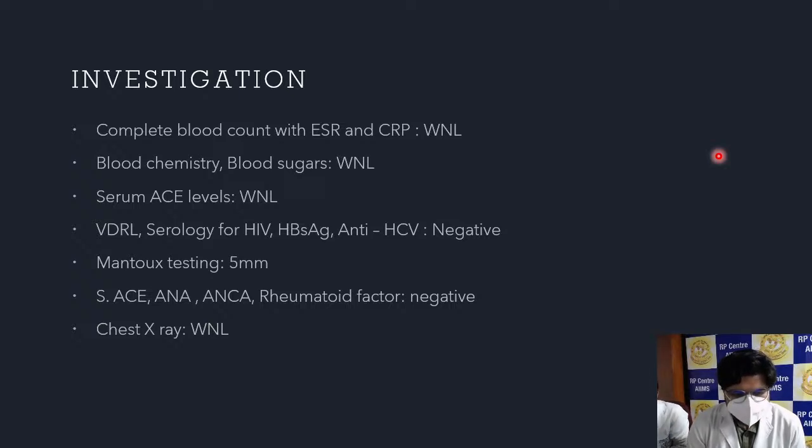VDRL might be a mimic for anything, so it can get done. So probably just a serum ACE level, a VDRL and a blood count as a baseline if you want to give immunosuppressants later. So just these three investigations and maybe a chest X-ray. Don't get these done in all your cases. Yes, sir. Okay, go ahead.